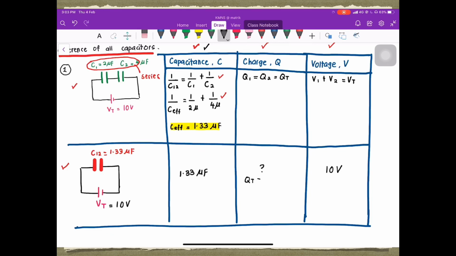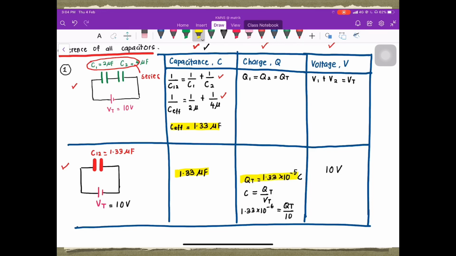Yes, by using C equal to Q over V. Substituting 1.33 microfarad equal to QT over 10 volt, we get the total charge as 1.33 × 10^-5 coulomb.